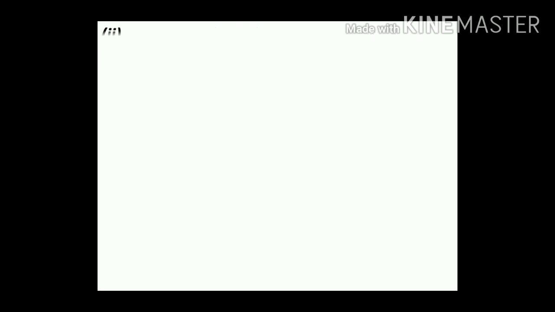Now children, second one. 3 root 5 upon 5 root 7, comma, root 63 upon root 125. Here also same children, we have to do cross multiplication. 3 root 5 into root 125 equals 3 into root 5 into 125. Okay children, we have taken 2 together.